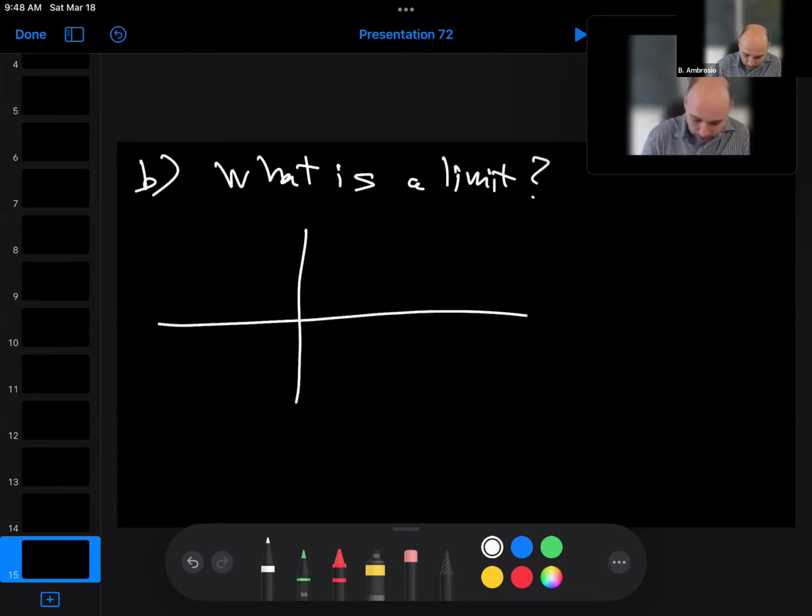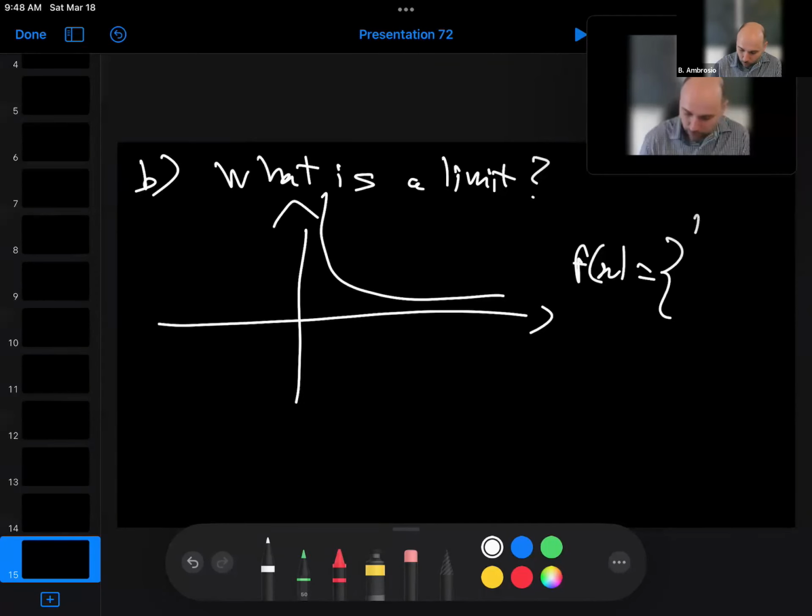I can also give the representation of f of x equals 1 divided by x if x is positive, and minus 1 divided by x if x is negative. And I don't define it at 0. It's my right.